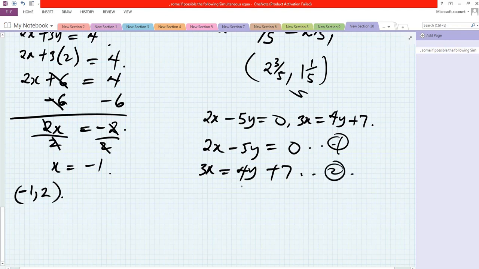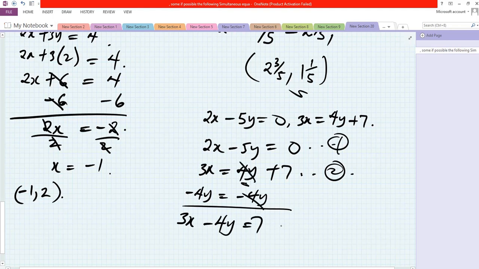Now if we want to move this one to this other side, we minus 4y to both sides. Now you have 3x minus 4y. This one will cancel out. You have 7 equal to 7. Let's say this is equation 3.